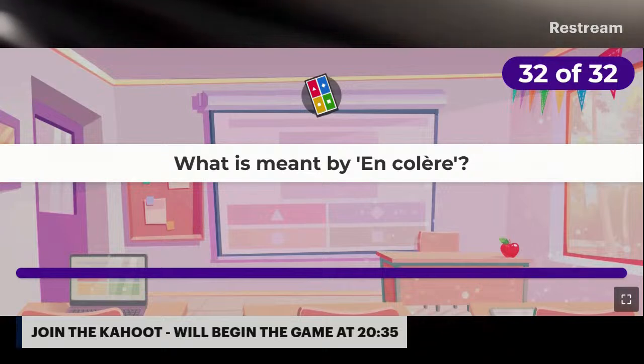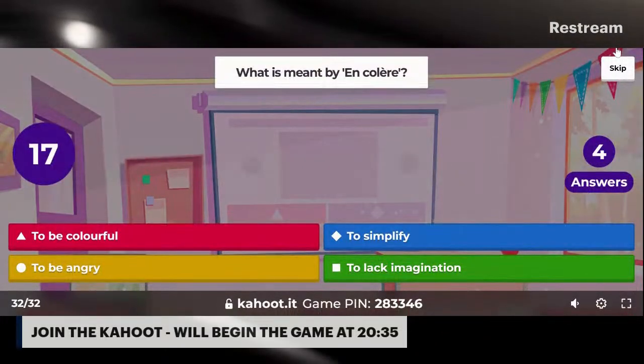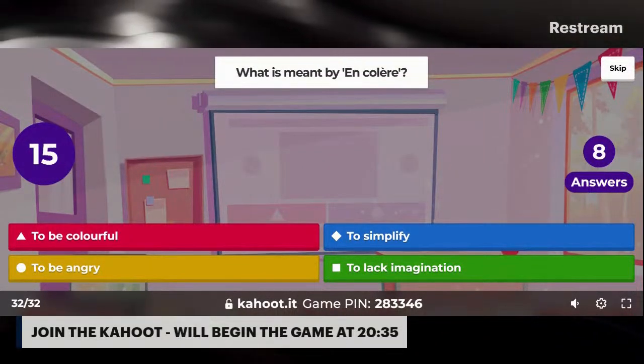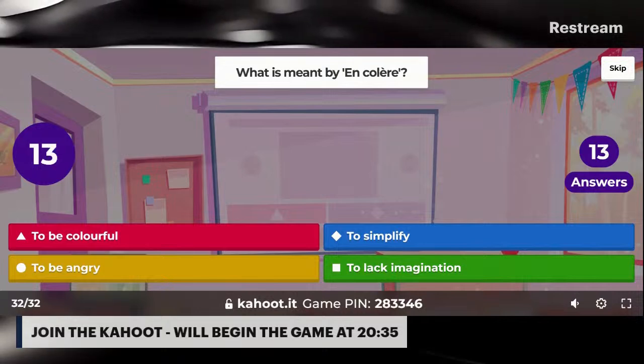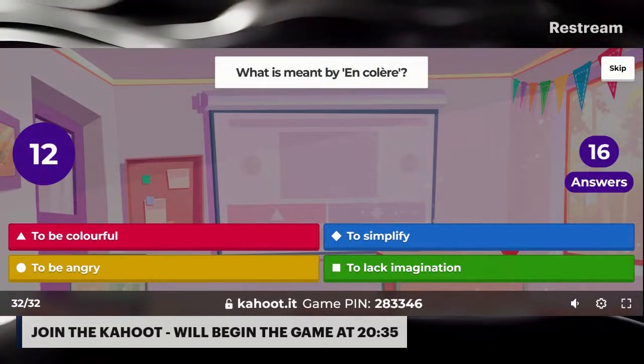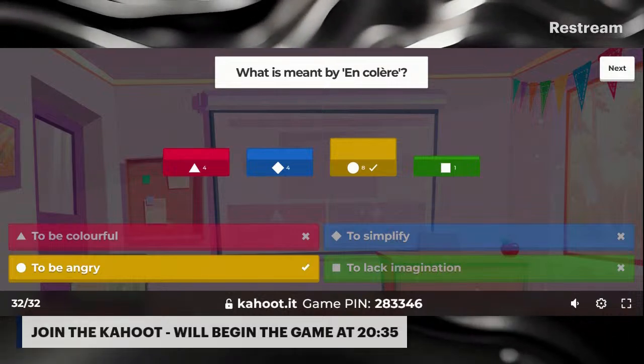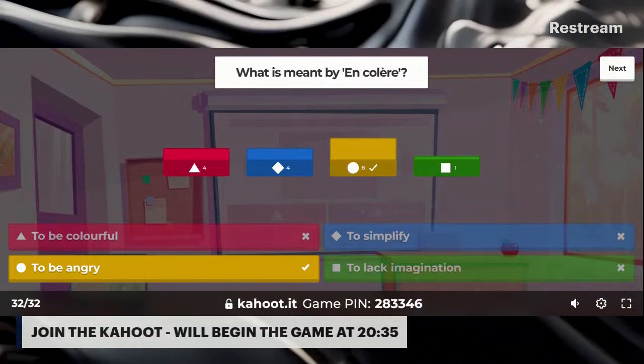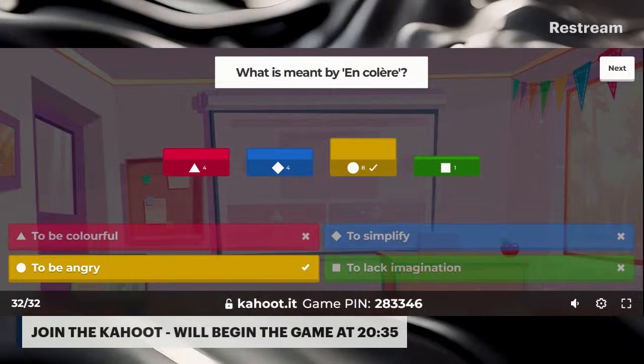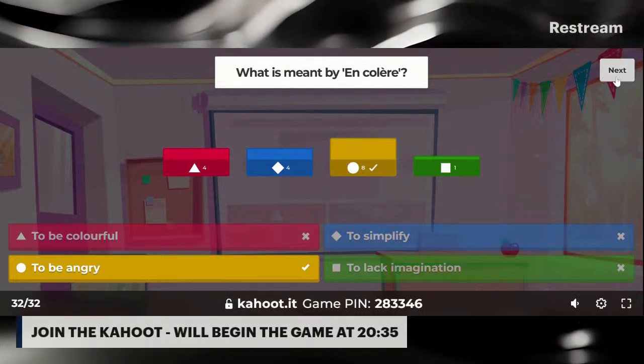What is meant by en colère? To be angry. So it's this idea of, when people say colorful language, that means like angry language. It's the same sort of idea there.